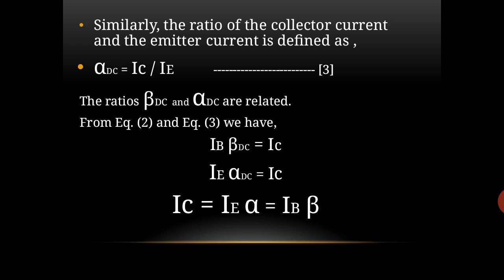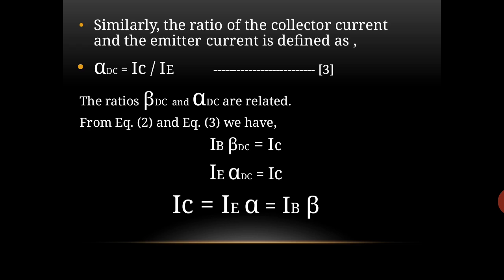Similarly, the ratio of collector current and the emitter current is defined as alpha. Alpha is the ratio of collector current to emitter current. This is our equation number 3. Now, the ratios beta and alpha are related by some relation.